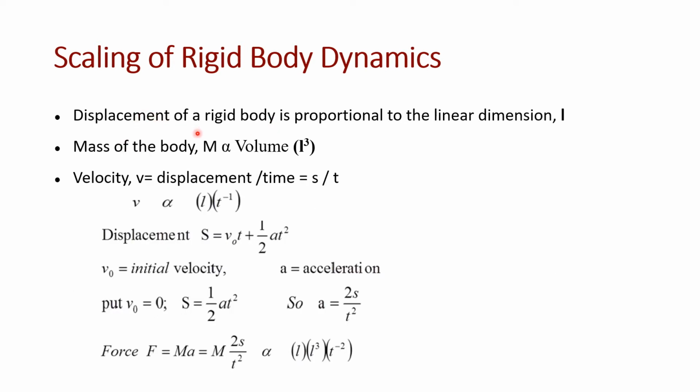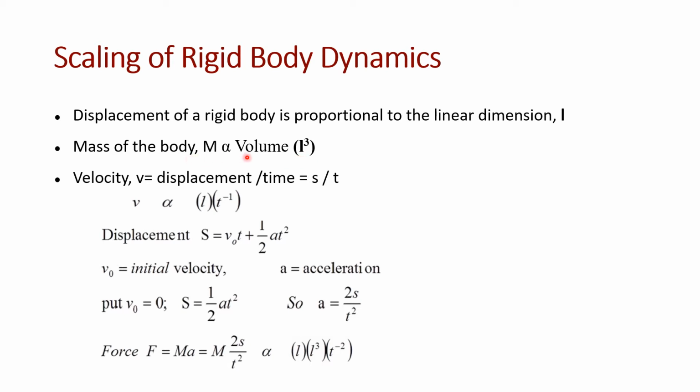Displacement or the distance moved by a rigid body will be proportional to the linear dimension represented by small l. From the fundamental equation that mass by volume is equal to density, the mass of the body m will be proportional to the volume, which is proportional to the cube of the linear dimension, that is L cube.